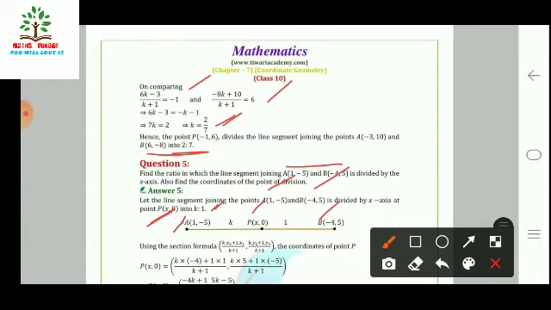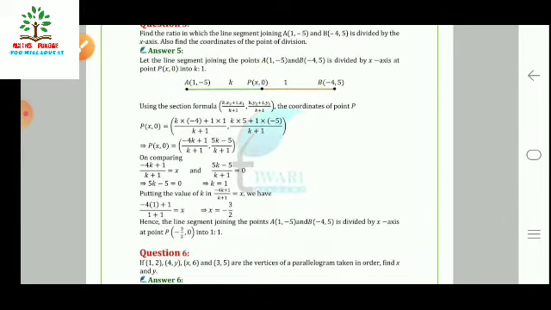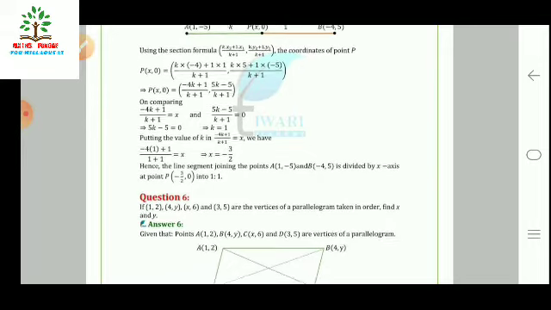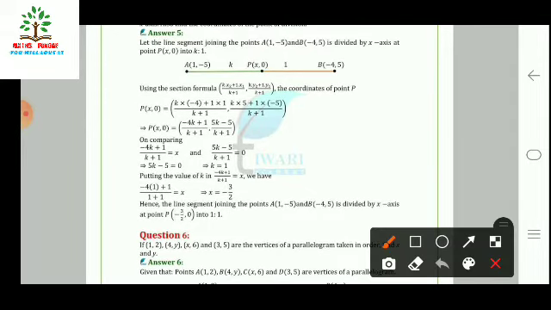Using the section formula as we did in the previous question, we can easily see that (x, 0) is (k into minus 4 plus 1 into 1) over (k plus 1), and (k into 5 plus 1 into minus 5) over (k plus 1). So we are getting (x, 0) equals (minus 4k plus 1) over (k plus 1) and (5k minus 5) over (k plus 1). Now just comparing them, keeping the coordinates equal.